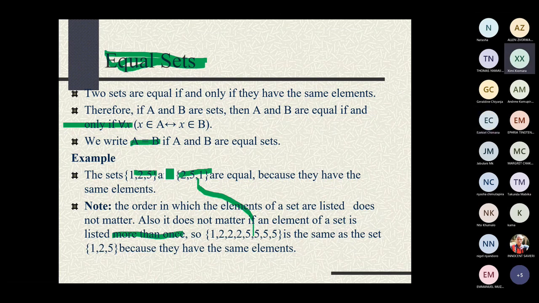What if the question asks how many elements are in set B? Say set B is 1, 2, 2, 2, 5, 5, 5, 5 and then set A is 1, 2, 5 here.